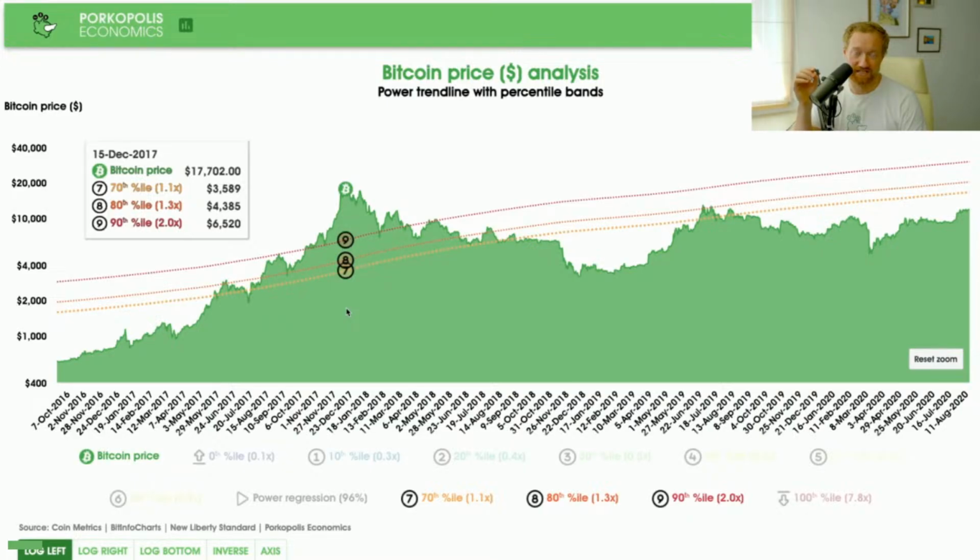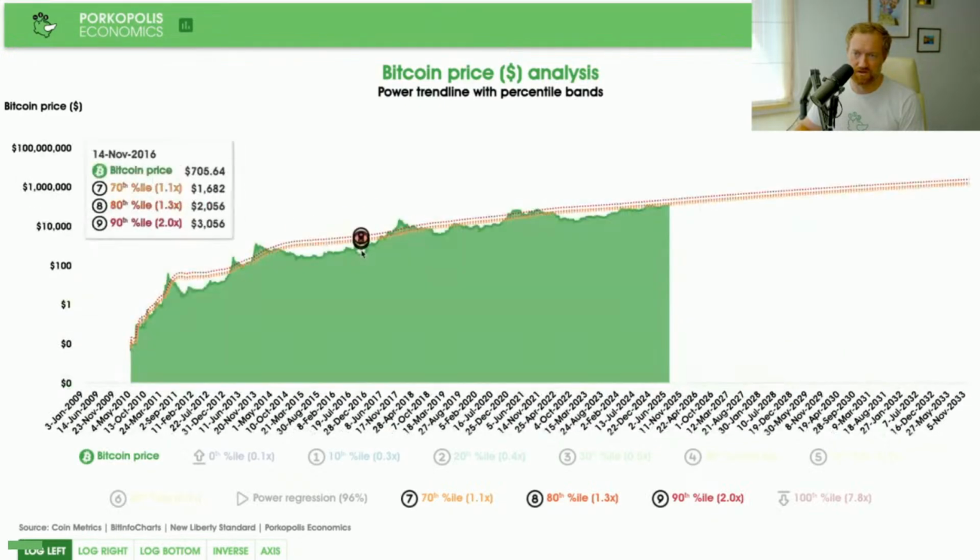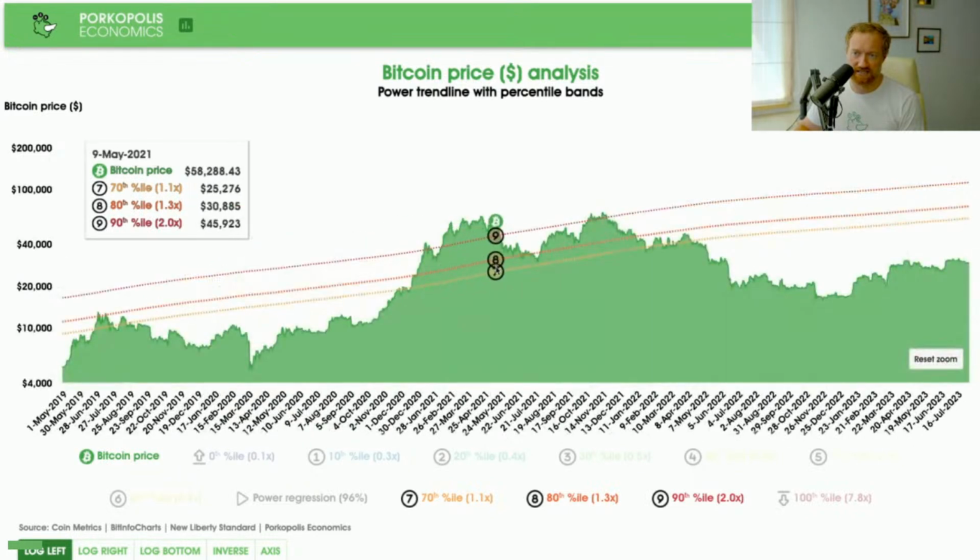The 90th percentile would be 2x that. All right. So 6,520. The price was 17,000. I think the top was actually December 16th. 17th, 16th, 16th. Got up to 20,000 on certain exchanges. So easily cleared the 90. Here, a little bit harder, but we did clear the 90 in 2021.